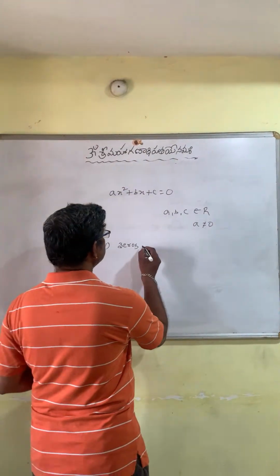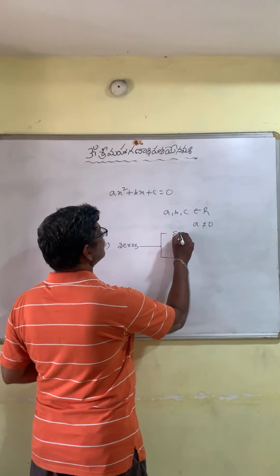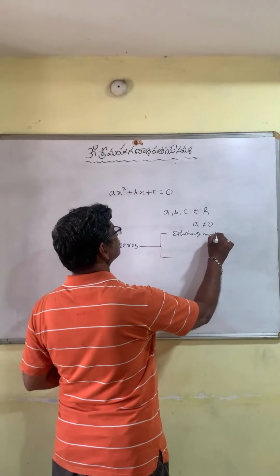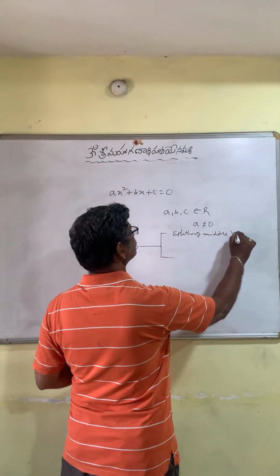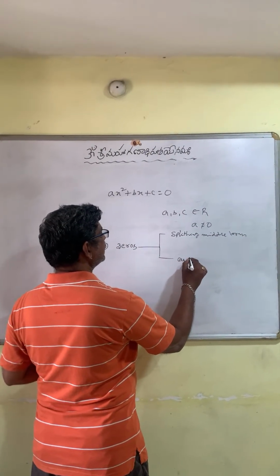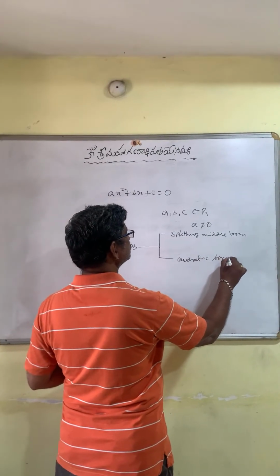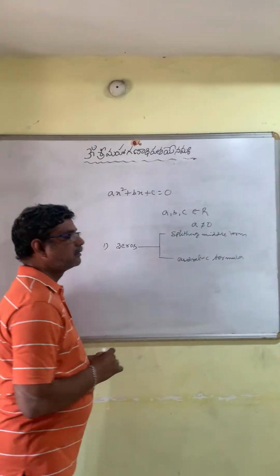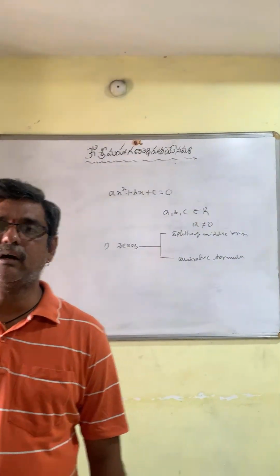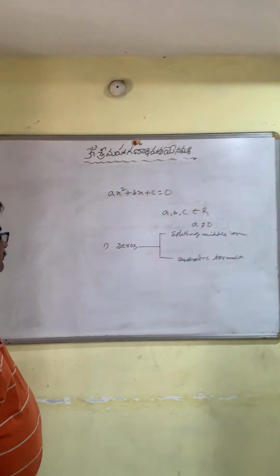What are the two methods? One is splitting the middle term. The other one is the quadratic formula. These are the two ways that we can find the zeros of the given quadratic equation.